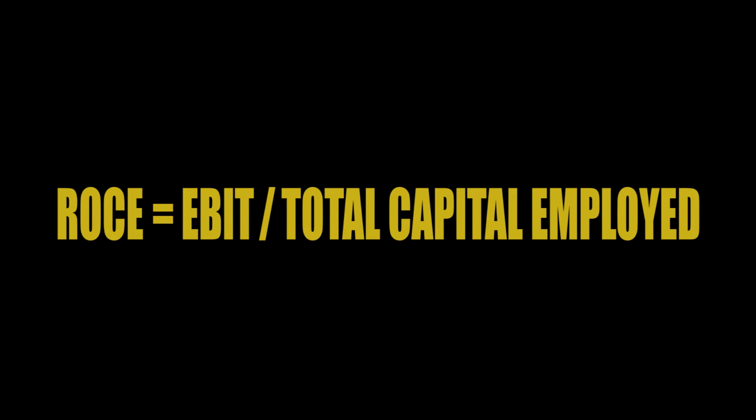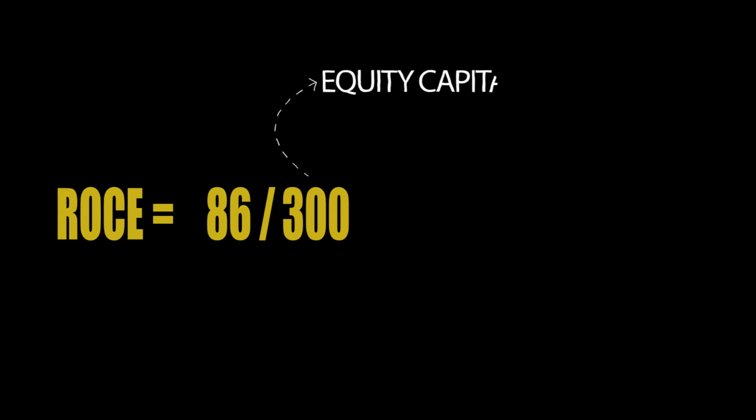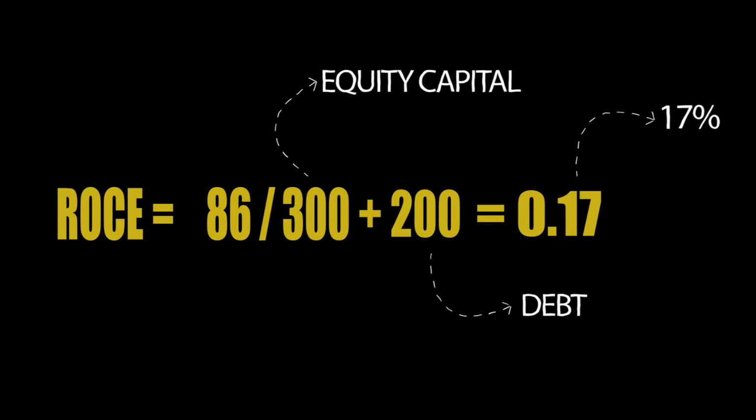In this case, EBIT is 86 crores. So we'll put the 86 in the numerator and divide it by 300, that is the equity capital, plus 200, that is debt. So 300 plus 200, 500. And the resulting answer will be 0.17 or 17%. So this is the ROCE of the company.